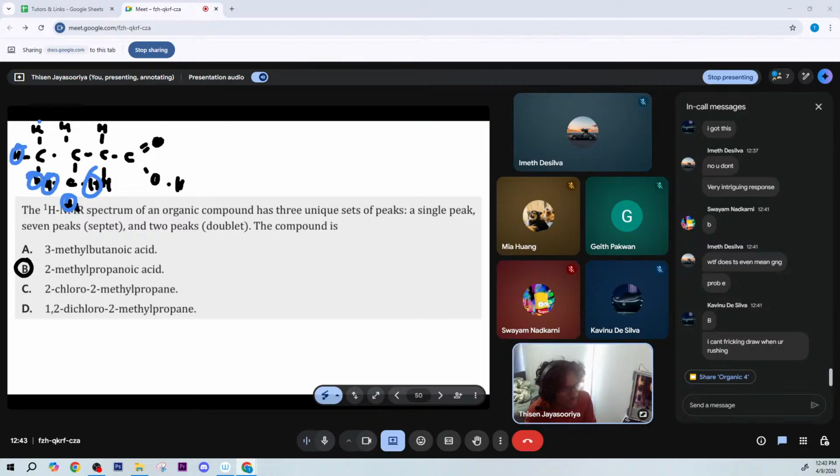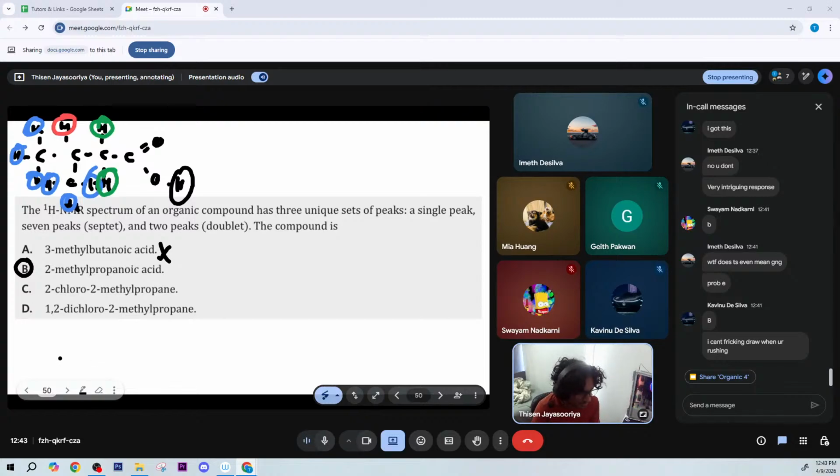These ones are all in the same environment as well, because they are bonded to the same thing. They have the same neighbors and the same neighbors' neighbors. This one is in another environment. These two over here are in the same environment. And then this last one over here is in its own environment. So there's 4 environments there. So it can't be A.